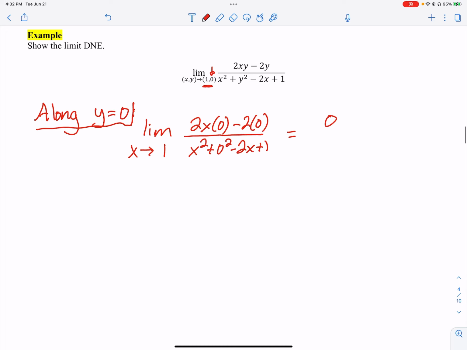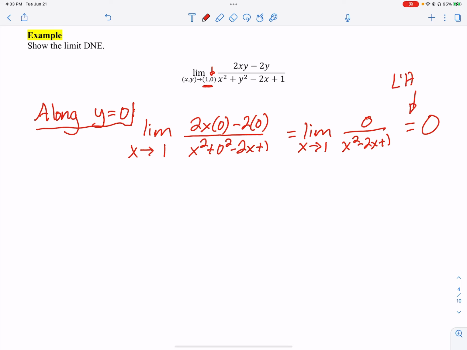Oh, see, and I dropped my limit. Make sure you do it, but I caught myself. The limit as x goes to 1 of 0 over x squared minus 2x plus 1. That doesn't matter. We get 0. We don't want to think about plugging it in there, because another way to think about this is at this point we can use L'Hopital's, right? I can use L'Hopital's there.